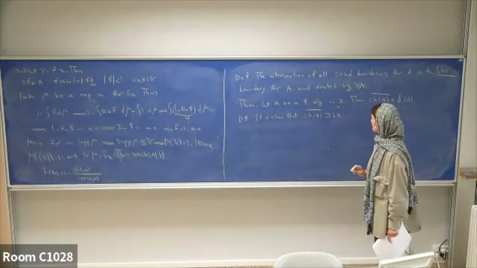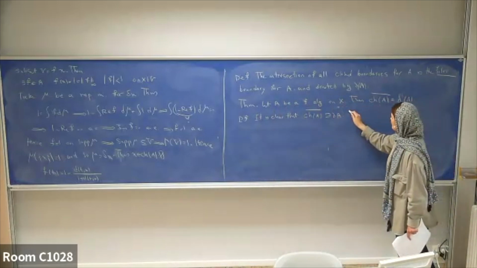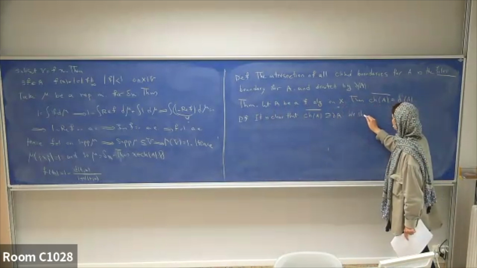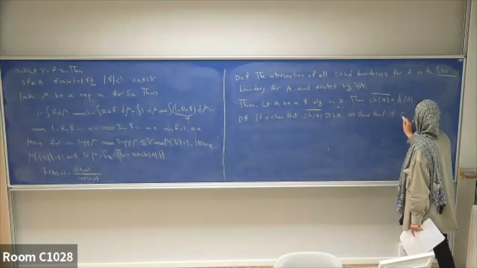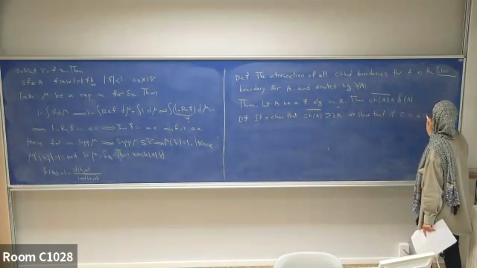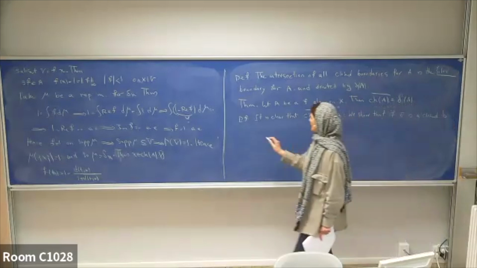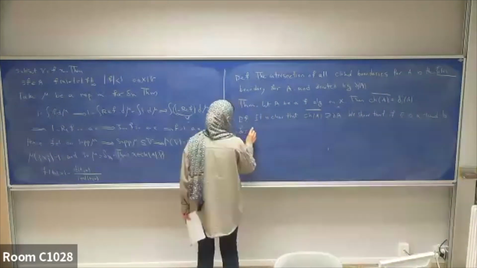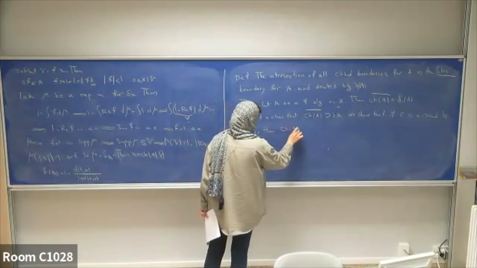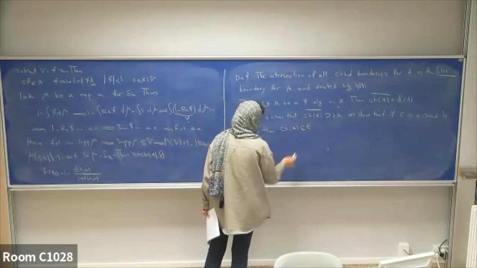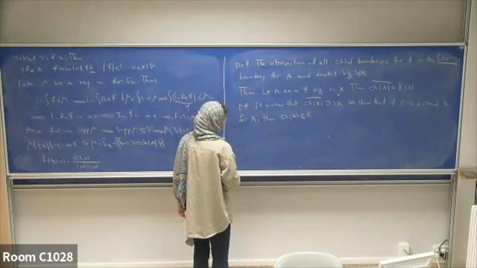For the converse, I show that if E is a closed boundary for A, then the Choquet boundary should be a subset of E. And finally, we get the other inclusion.